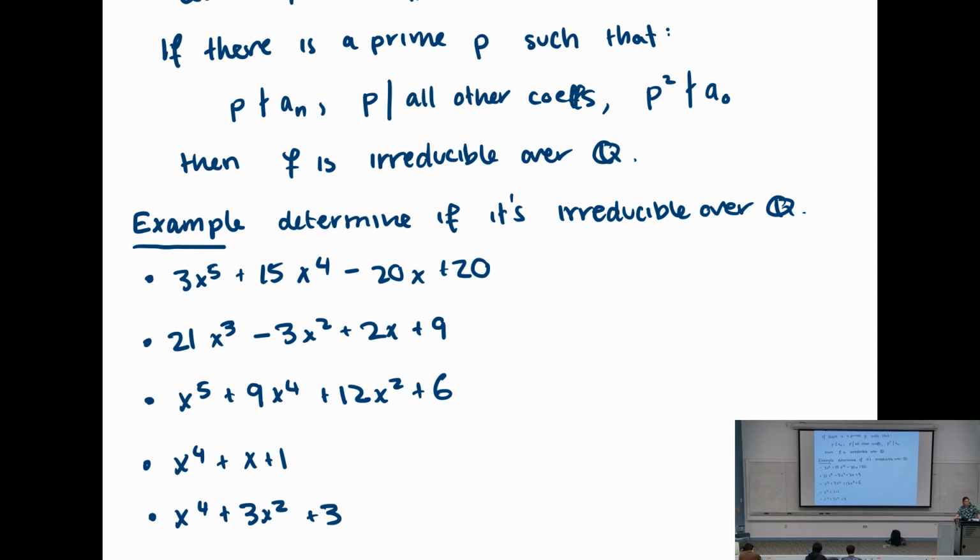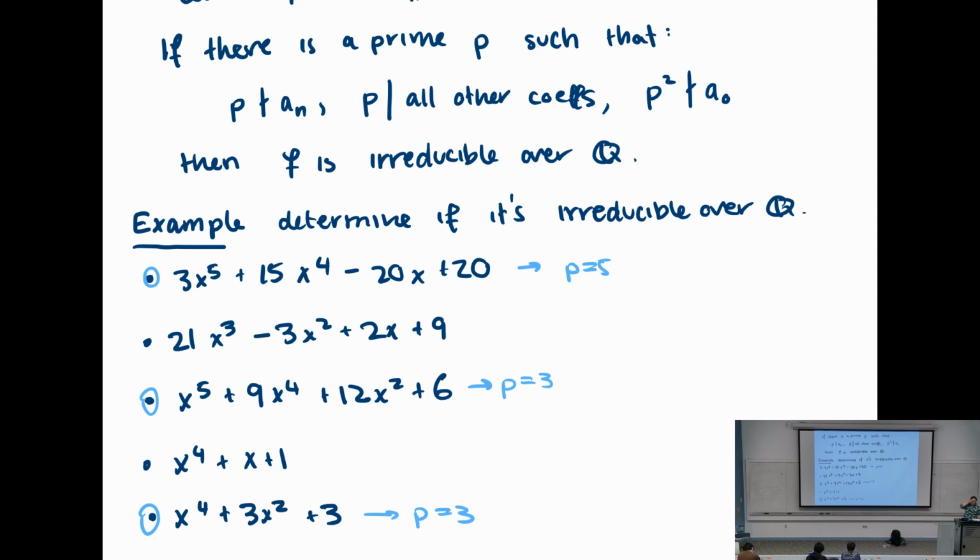Okay, so should we go through these? Which of them are easy to figure out? The first, the third, and the fifth. Yeah, so why? For the first, you can choose p equals 5, and for the other two you can choose p equals 3, and then use Eisenstein's criterion.